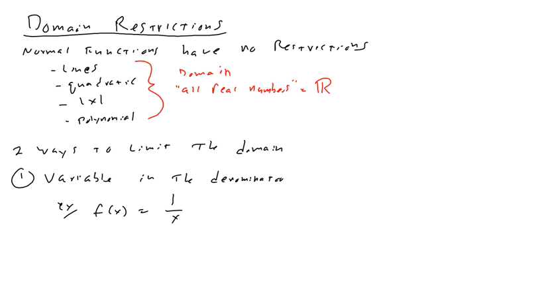When you have a variable on the denominator of an equation, there are certain numbers that the denominator is not allowed to be. Certain numbers we're not allowed to divide by, right? And that number is 0. The bottom cannot be 0. And that is going to be a restriction. The bottom of this fraction we cannot divide by 0. So that takes away specific numbers that we're not allowed to use in our domain.